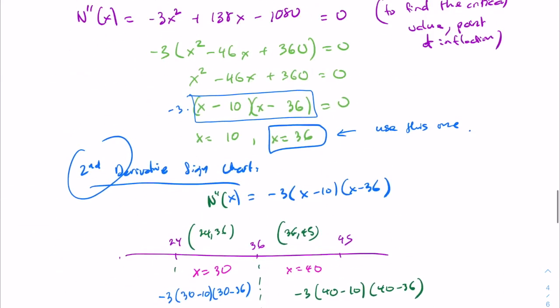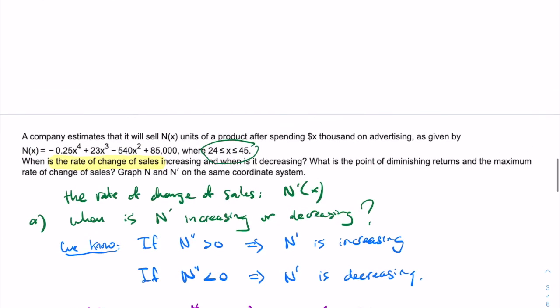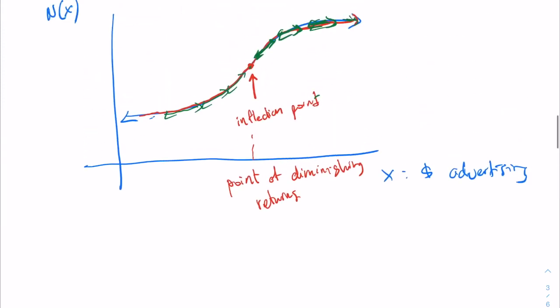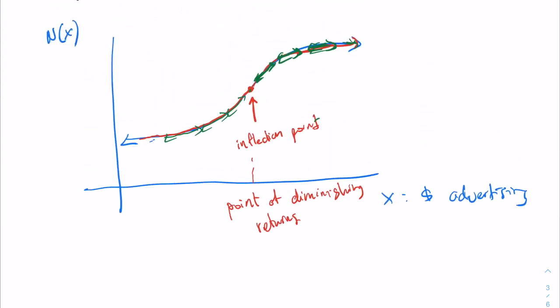Now, the third part is asking us to find the maximum rate of change of sales. So this is where the rate of change is at its maximum, meaning the first derivative attains its maximum at that point.